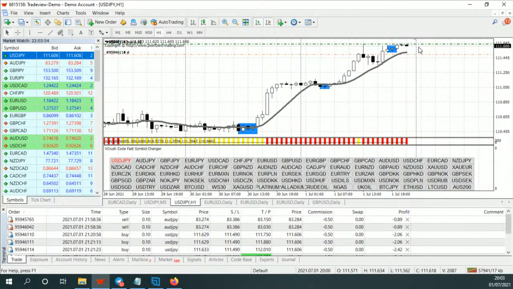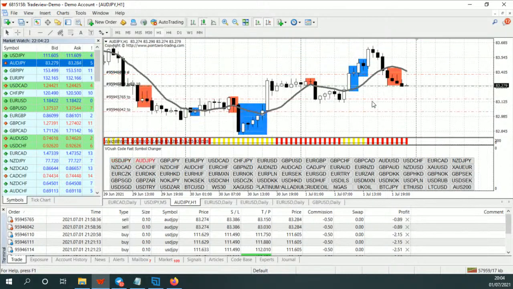Maybe we'll wait till Asian session to be able to break that resistance. We never know. But whatever happens, you can see it's a big uptrend. So we are still in an uptrend. There's no doubt. But there may be a little bit of reversal before it continues in its trend. So if you can't do it right now because there's low volume, low volatility, it might be during Asian session that we do it. The same thing applies to Aussie Japanese yen.